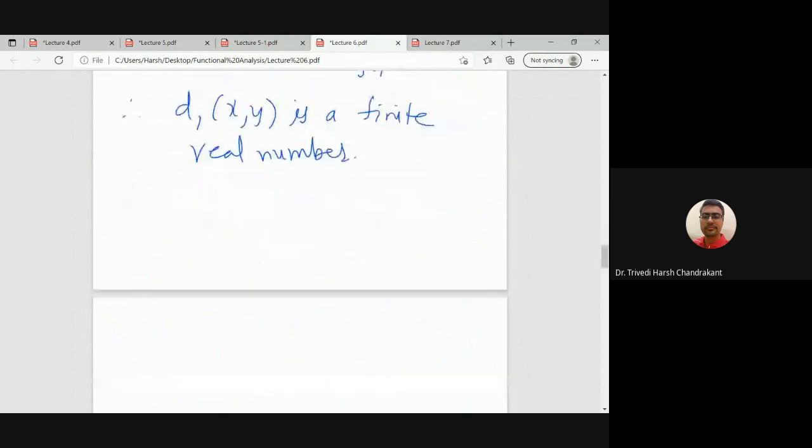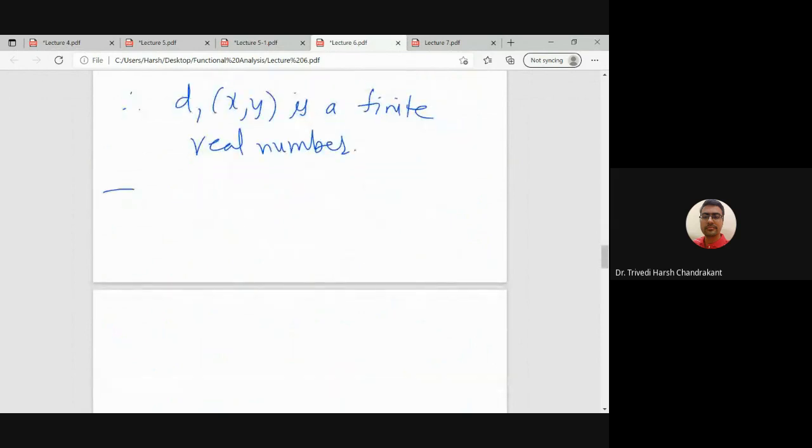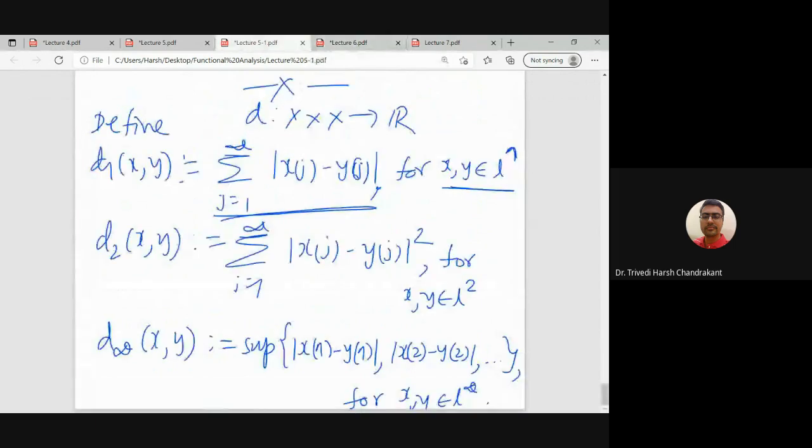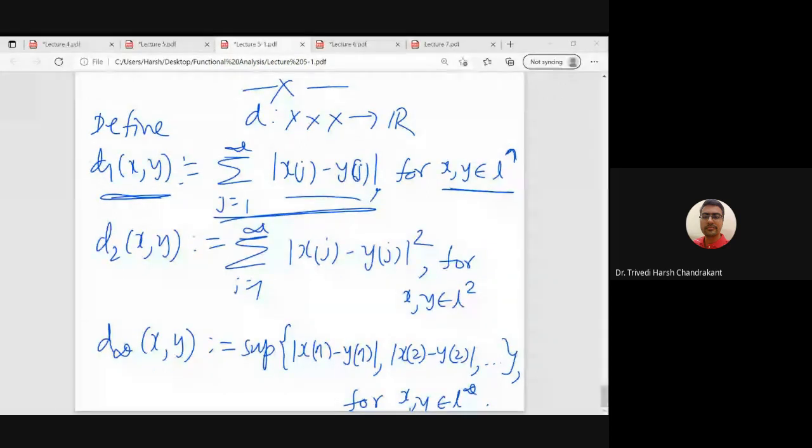So the d1 function we can define, and once we can define the d1 function, the next thing to verify is that it is a metric. So for a metric, there are three properties. Symmetry is very simple, just because we know that modulus of xj minus yj is equal to modulus of yj minus xj.